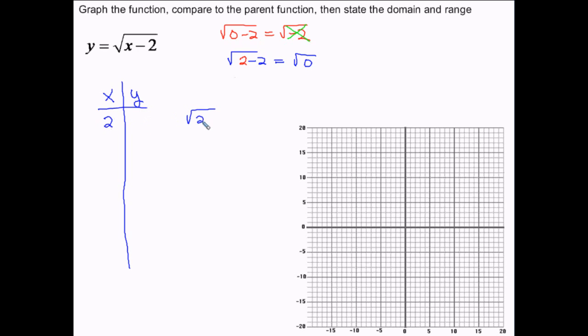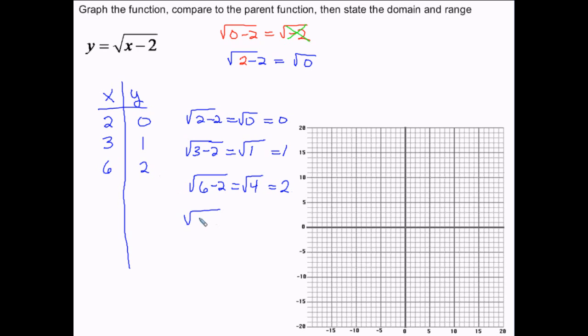And I'll get the square root of 2 minus 2, which will give me the square root of 0. And then the next one, well, my next perfect square is a 1, so I need to plug in something that will give me a 1. So I'm going to plug in a 3. So 3 minus 2 is 1. And then my next perfect square I want is a 4, so I have to plug in a 6.